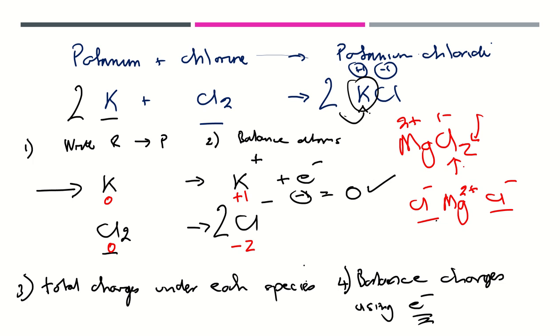If we go down below here, okay, we have 0 on the left and we have 2 minus on the right. So let's put 2 electrons here because we're going to need 2 negative charges, aren't we? Now how does that make my charge on the left hand side in total now? Well, I have 2 minus from the 2 chlorides. I have 2 minus from the 2 electrons. So -2 plus -2. I now have a total of -4 on this side and I have 0 on the right hand side.